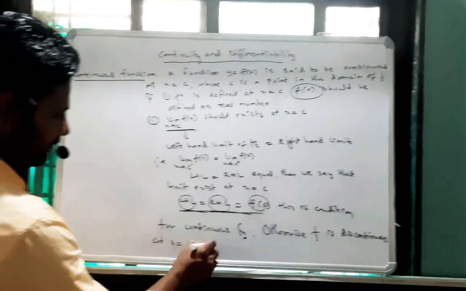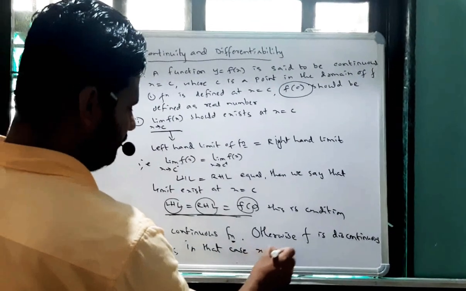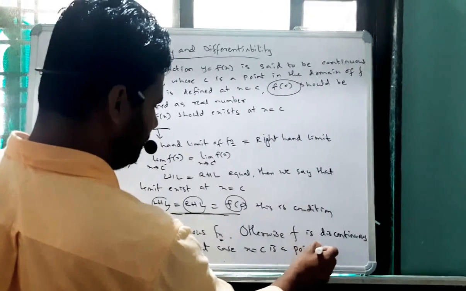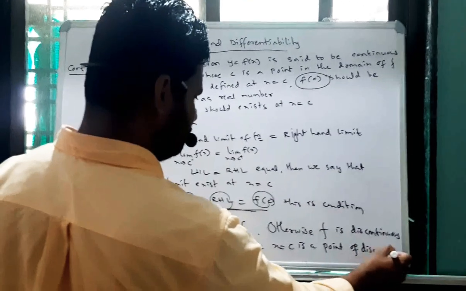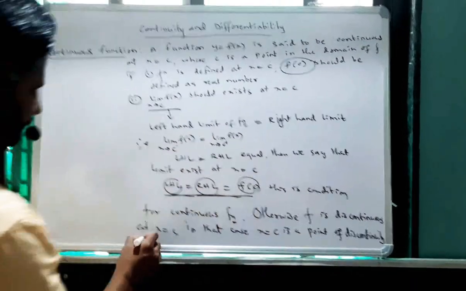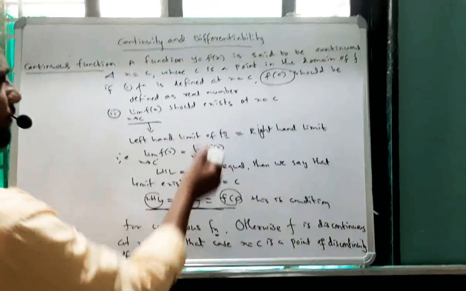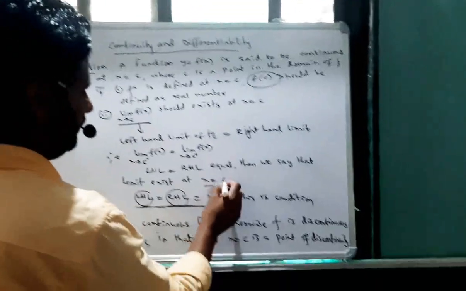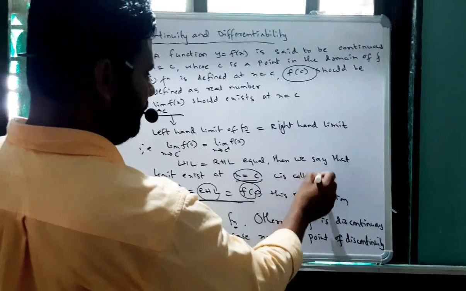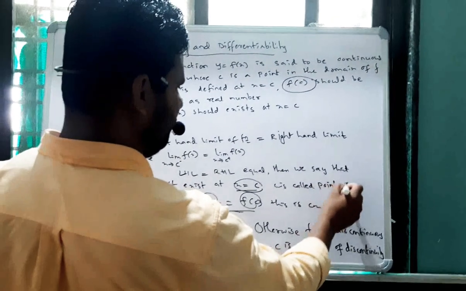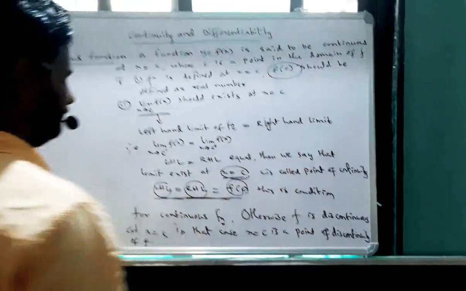In that case, x equal to c is the point of discontinuity of the function. Now if function is continuous at x equal to c, here the c is called point of continuity of function.